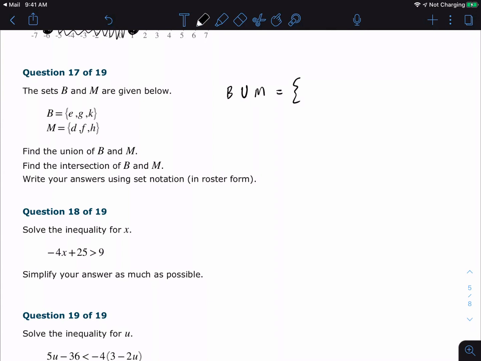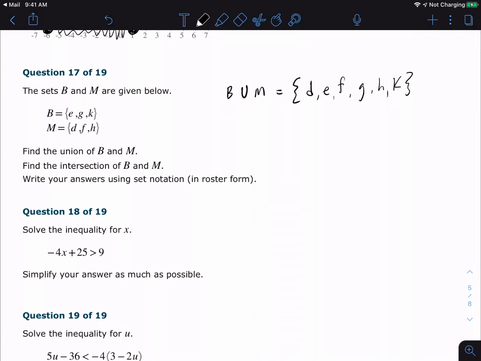I'll try to do it in alphabetical order: it's D, E, F, G, H, and then K, I believe, right? That's all of them. So union puts them all together, but if they had something that overlapped, it would not write them twice. Okay?